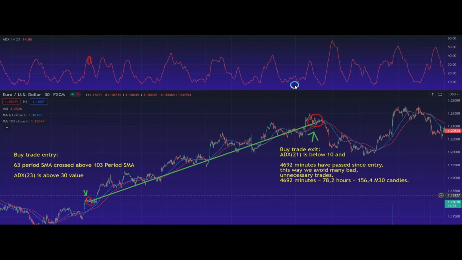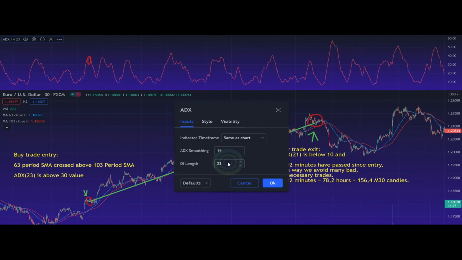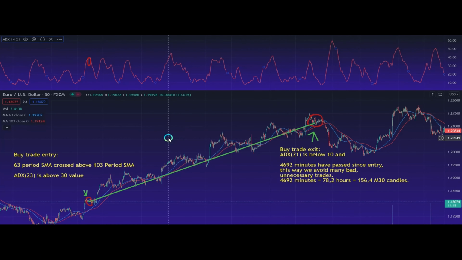It really did this trade. So basically, we need a different length ADX for the exit strategy. That is 21. It is really important to use the correct numbers if you want to be profitable, of course. And we exit the trade if ADX is below 10.